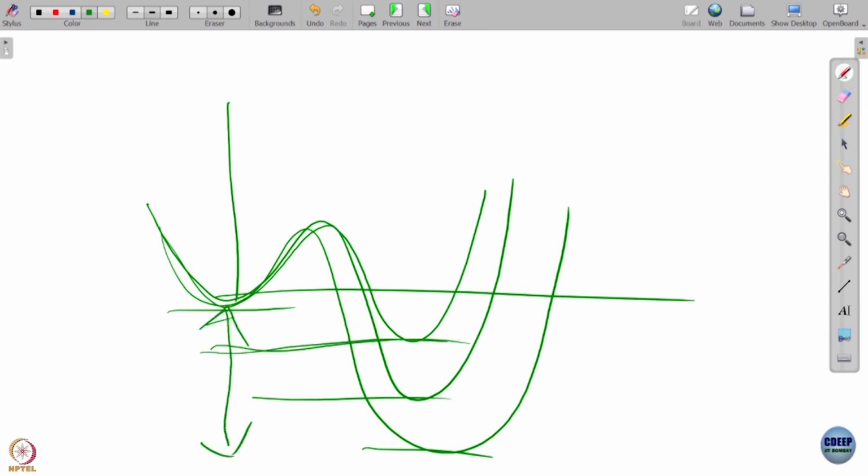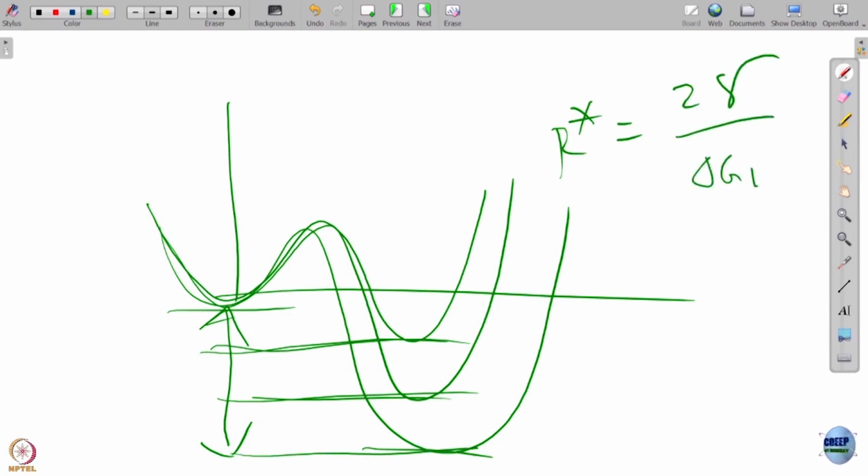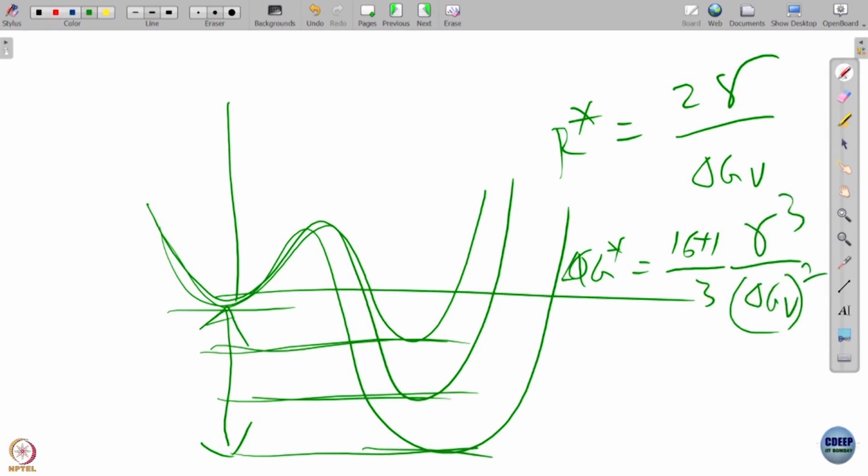As this quantity is increasing, R star is decreasing, and delta G star, which is 16 pi by 3 gamma cube by delta GV square, is also changing, but this is changing much faster.